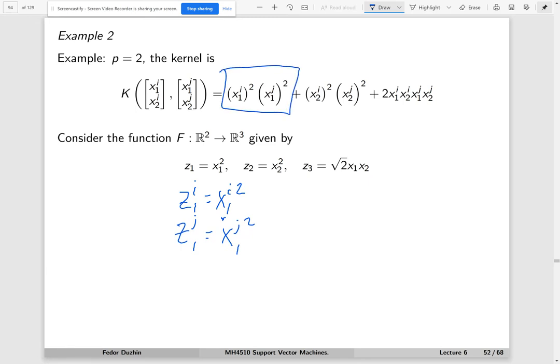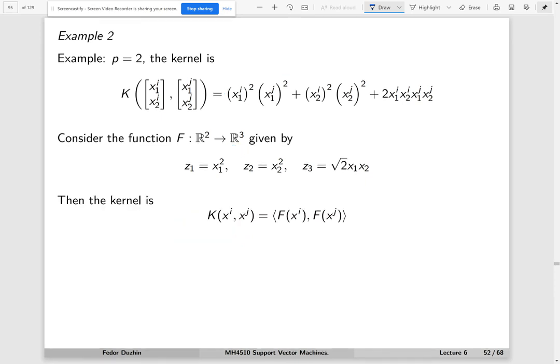So the inner product in this enlarged feature space R3 is the same thing as the kernel function in the original space.